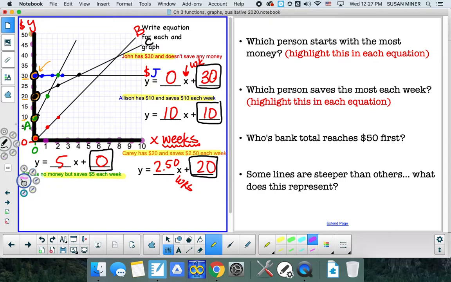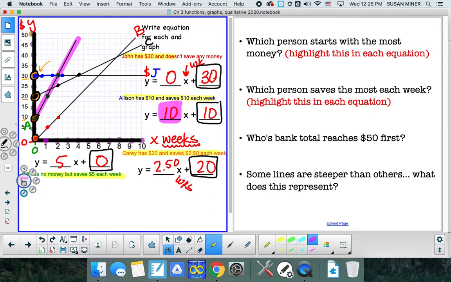Okay, hopefully you paused the video and tried this on your own. Which person saves the most every week? Well, we already kind of know, right? Allison saves $10 every week. So in my equation, this is where it's telling me how much we saved every week. So let's look at Allison's line on the graph compared to these other lines, and what do you notice about it, right? What did that 10 do?